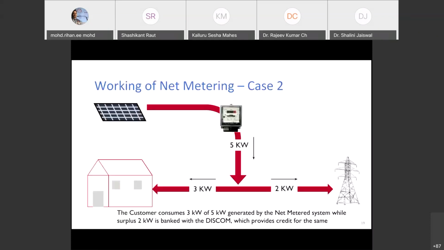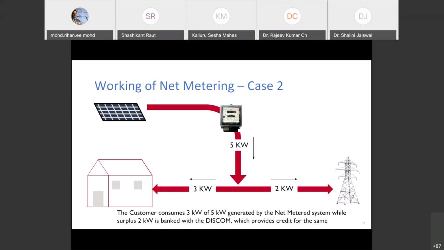What I am saying is, in this case, instead of this 5 kilowatt being fed here in the house, it will be fed directly to the grid, and no part of it is consumed in the house. So how is the customer benefiting? The customer benefits through the payment received from the power corporation.